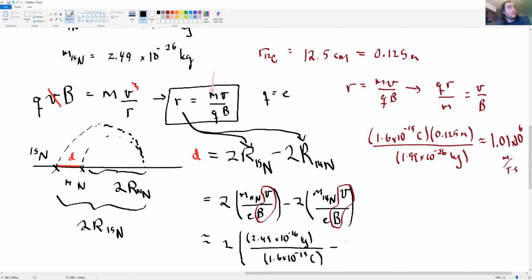What's the other mass? The mass of the nitrogen 14 is 2.32 times 10 to the minus 26 kilograms, and then divided by, again, 1.6 times 10 to the minus 19.